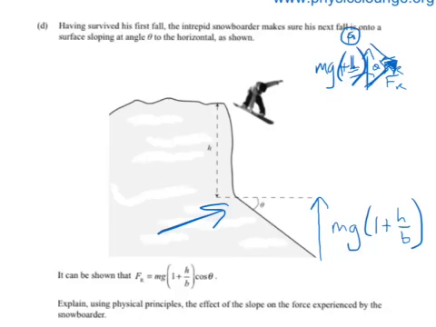and if we're after the reaction force, which is normal to the surface, because it's a force that will be experienced by the snowboarder, then the adjacent angle for the cos is this one in here, theta. And is that true?